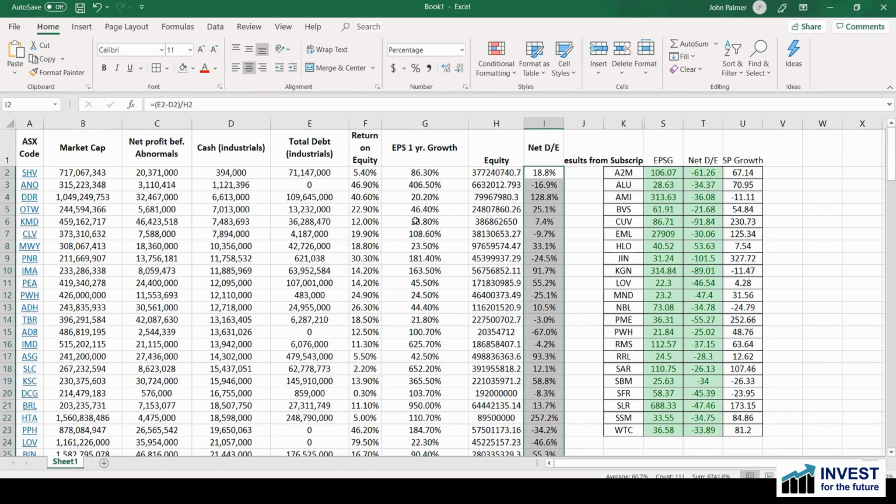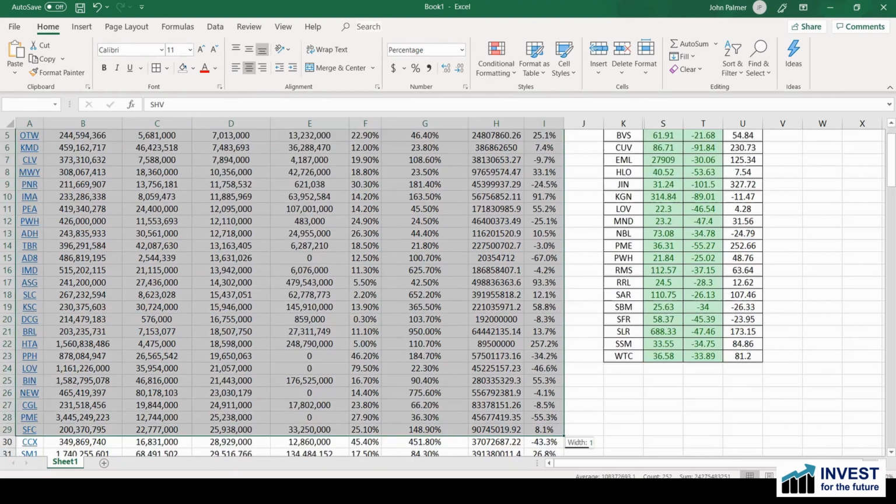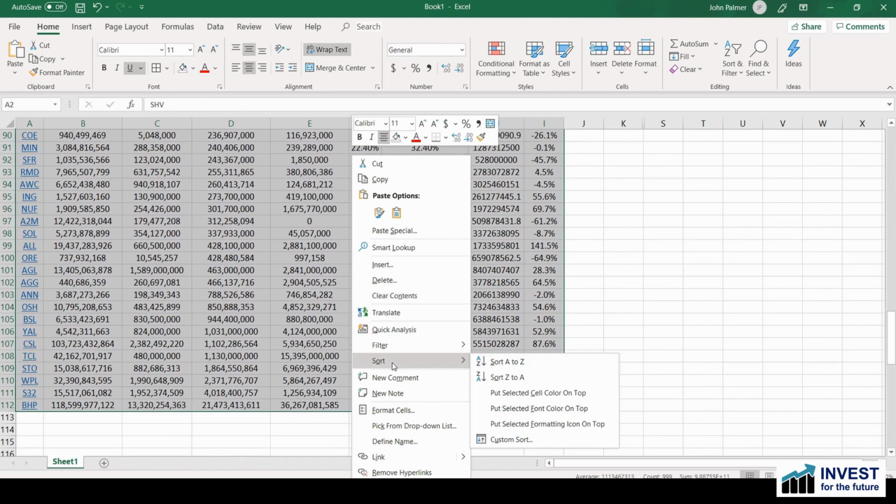So if you look down here, these are all the figures that came out of the Westpac database. Now what we need to do, because we know that all of these companies have earnings per share growth greater than 20%, is sort them on the net debt to equity. So we're going to highlight all of these and sort.